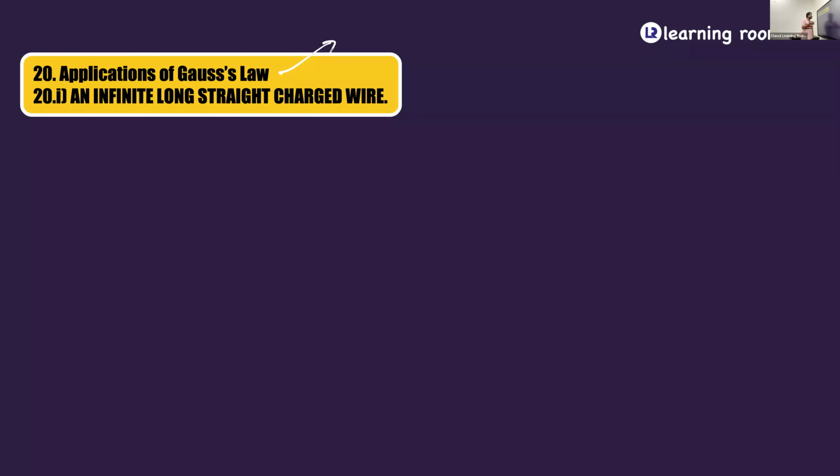The first one is applying this for an infinitely long charged wire. If I observe this, I have an infinitely long charged wire, on which there is obviously charge that is distributed uniformly. So what do you mean by uniform distribution?